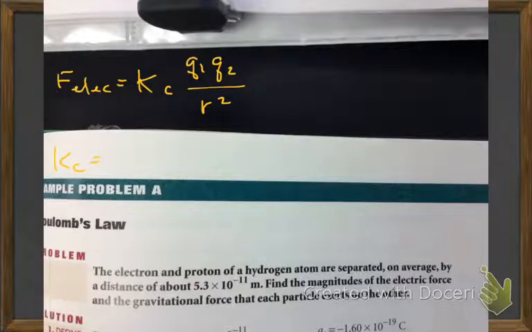Kc is equal to 8.99 times 10 to the 9th newton times meter squared over coulombs squared. That's our value for Kc.